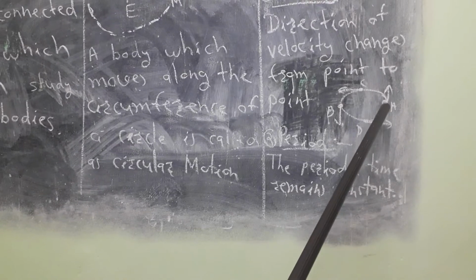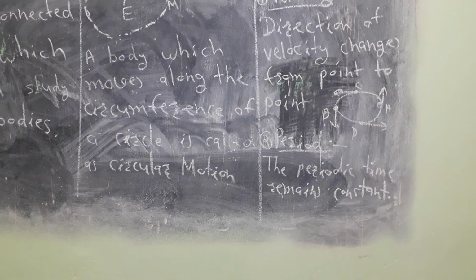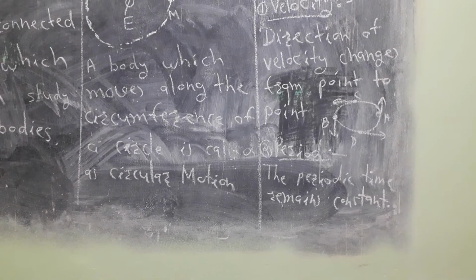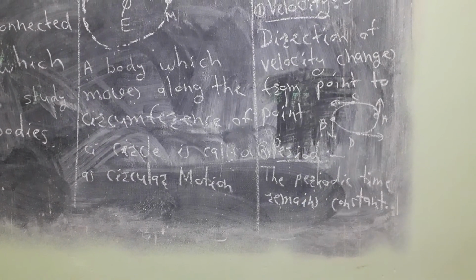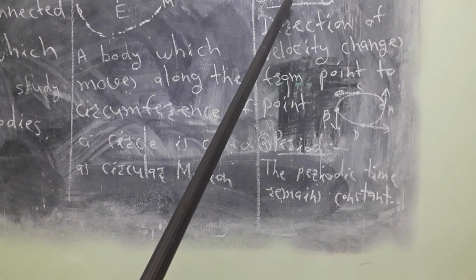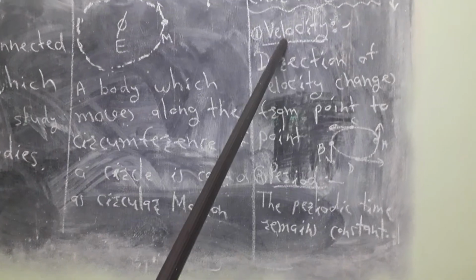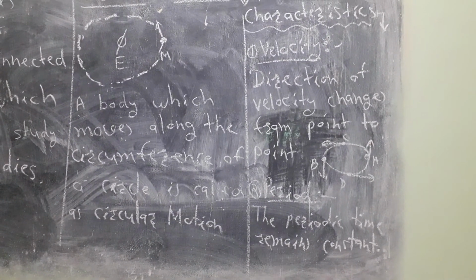Suppose a typical body completes one circulation in 1 second. So we can say that in the next 1 second, the body will also cover the same circular path and come to the same point. So 2 points are important: the direction of velocity changes, and the periodic time of circular motion remains unchanged.